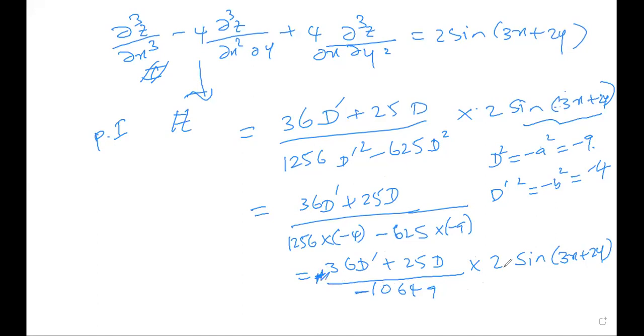I will take the new window to show the last. In here we can take our 2 in that RHS part. So I'll write this coefficient on one side. What I'm going to do is multiply the 36d dash plus 25d by sine 3x plus 2y.